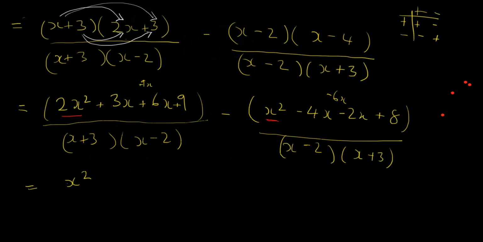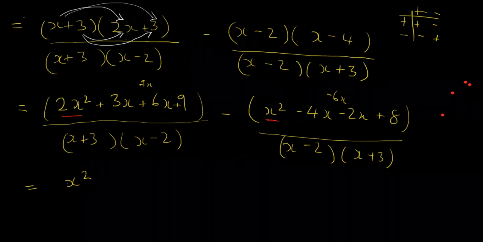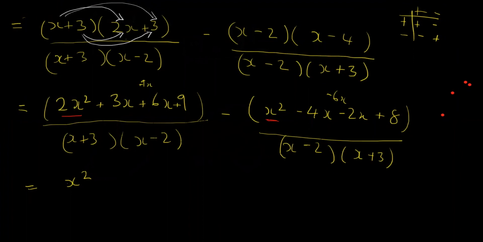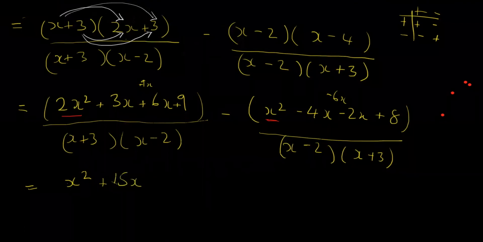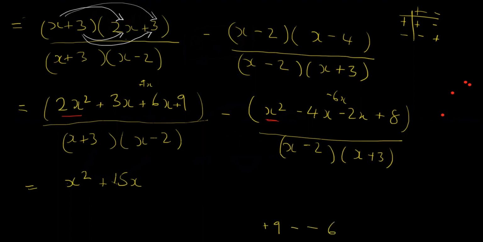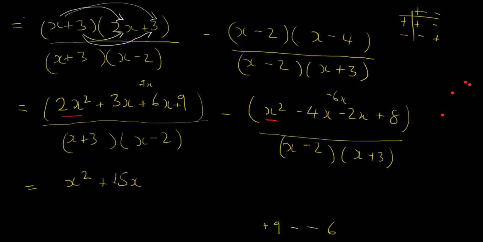When I'm doing the expression, which is plus 9 minus 6, when you minus a minus, it becomes a plus. So it becomes 9 plus 6. A plus and a plus is a plus, and a minus and a plus is a minus. Okay, that's all we've done.